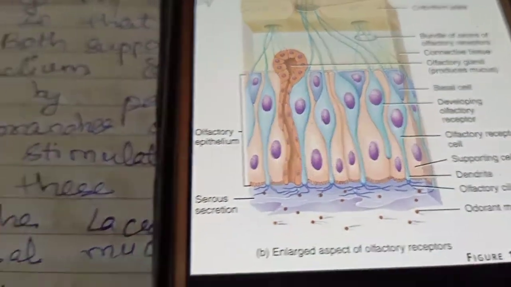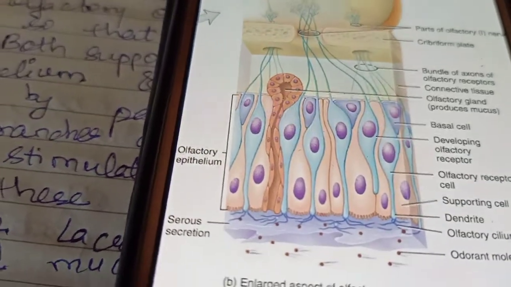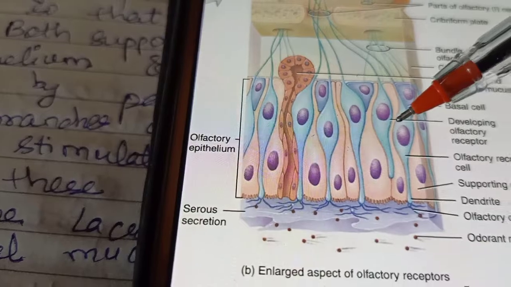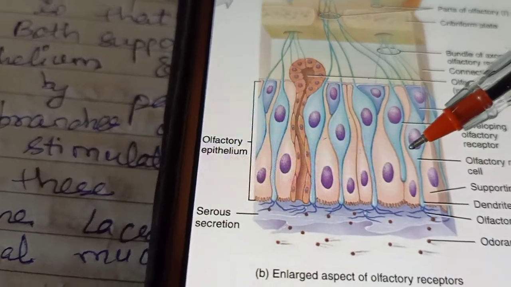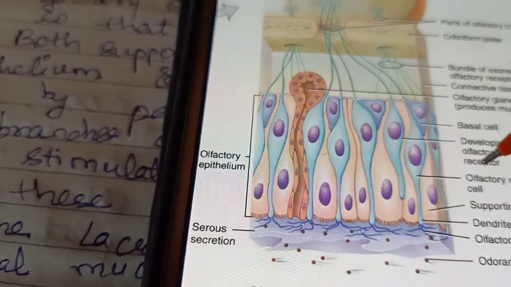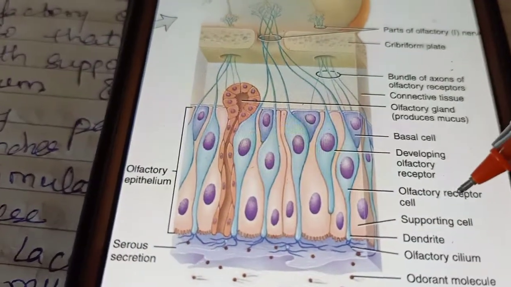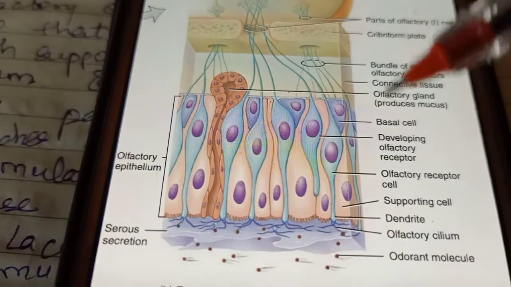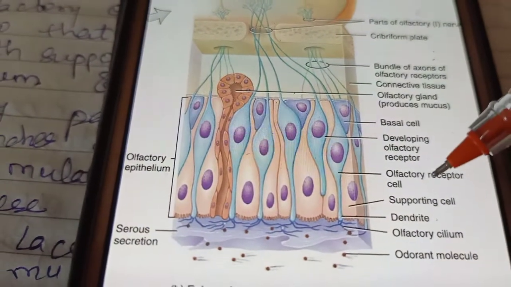Support means they are providing support. So they provide physical support, nourishment and electrical insulation for the olfactory receptor cells. What is their function?